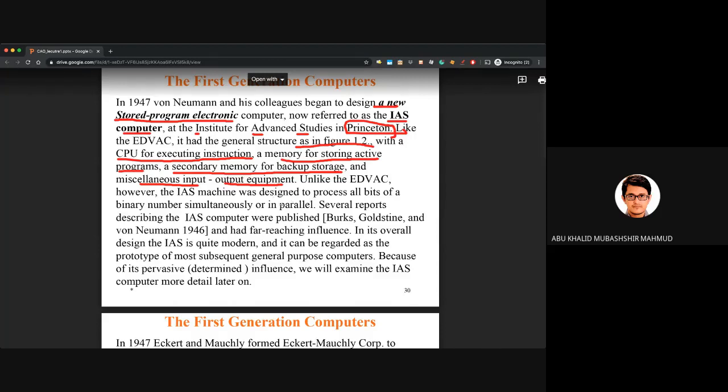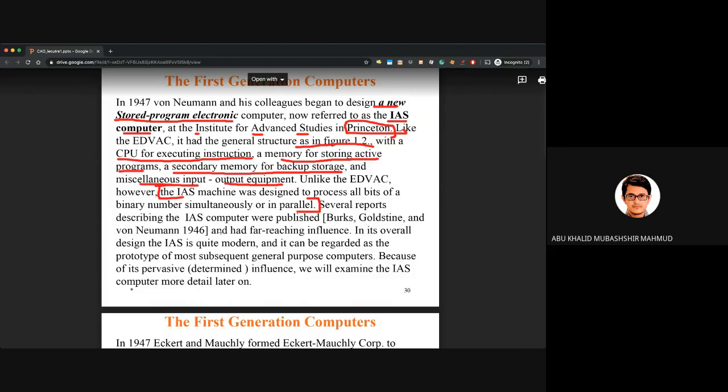Now here comes the improvement. What EDVAC couldn't do and IAS could was that it was designed to process all bits of a binary number simultaneously, that is, at the same time or in parallel.